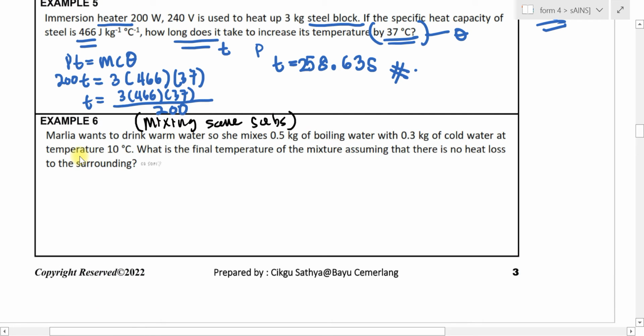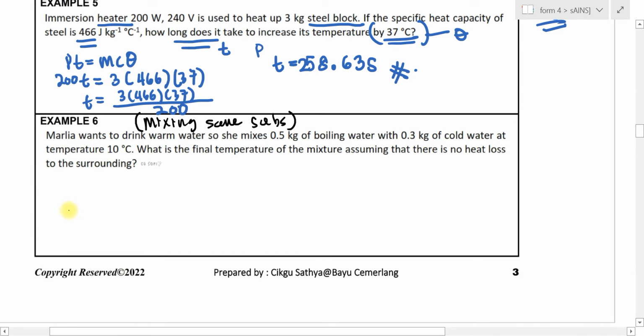Okay, kita tengok. Marlia wants to drink warm water, so she mixes 0.5 kg of boiling water with 0.3 kg of cold water at a temperature of 10 degrees Celsius. What is the final temperature of the mixture, assuming there is no heat loss to the surroundings? Okay, kita cuba bayangkan situasi dia.